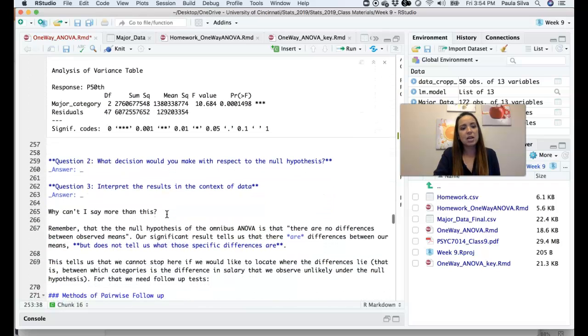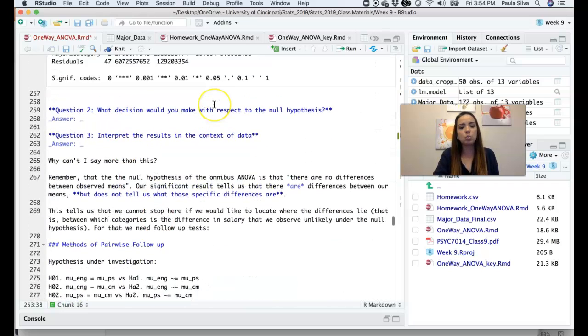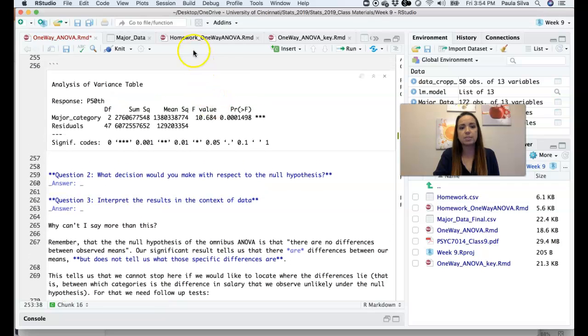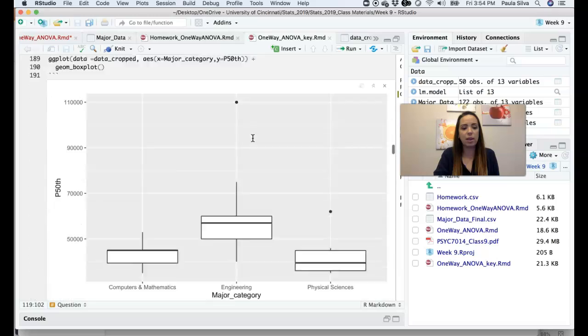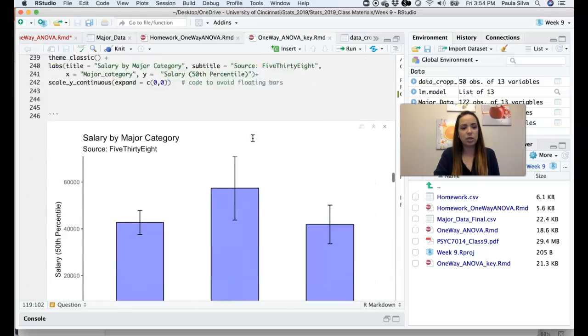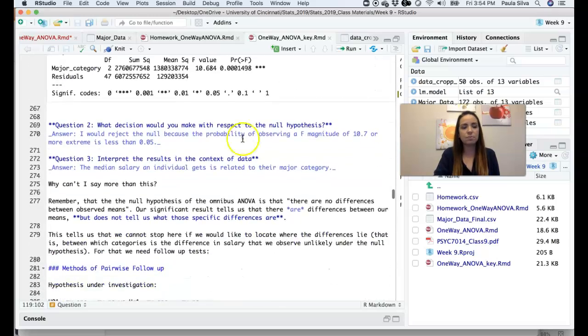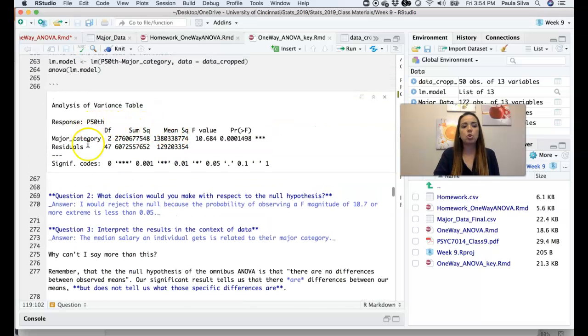Anyhow, question: what decision would you make with respect to the null hypothesis? And now I'm going to go to the key because I don't want to waste your time writing. So let's go here and find that question. What decision would you make? So the decision is based on what you're looking at here, the probability of observing this F ratio or higher.